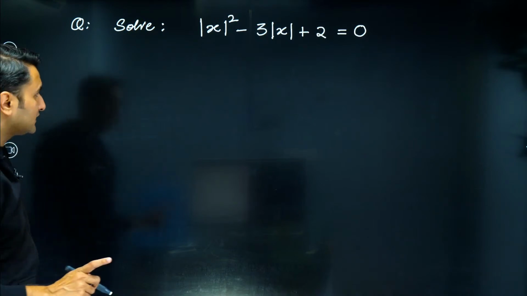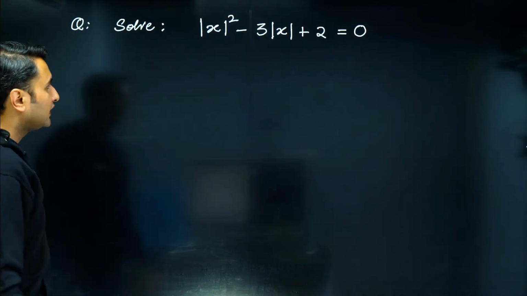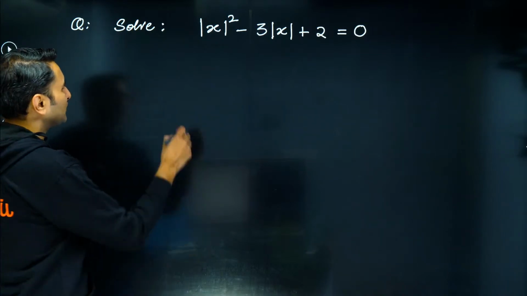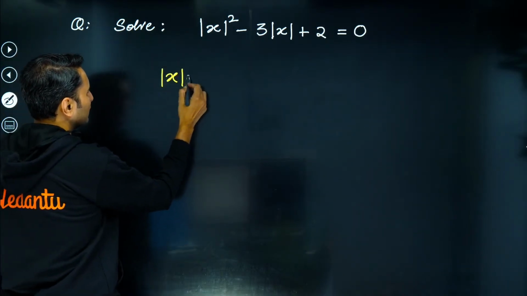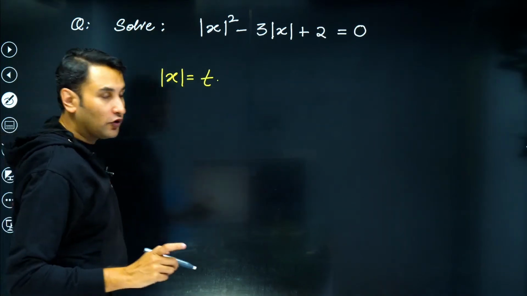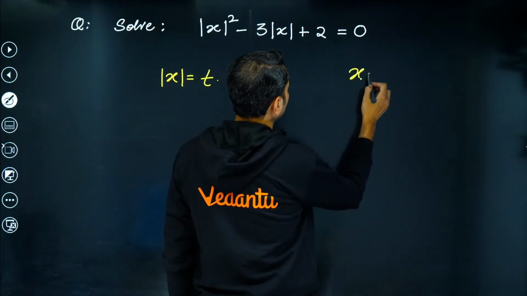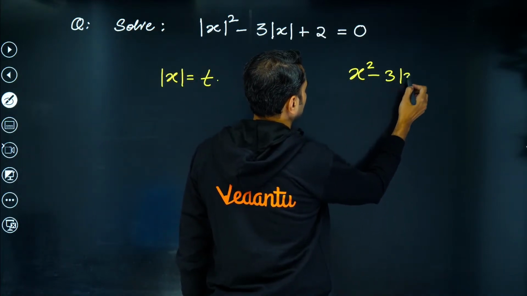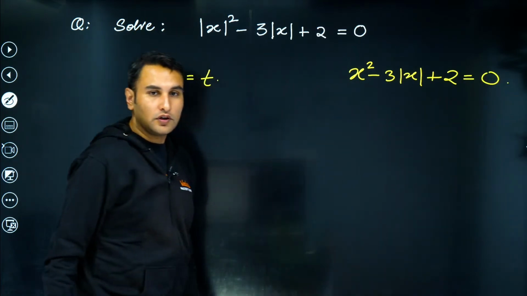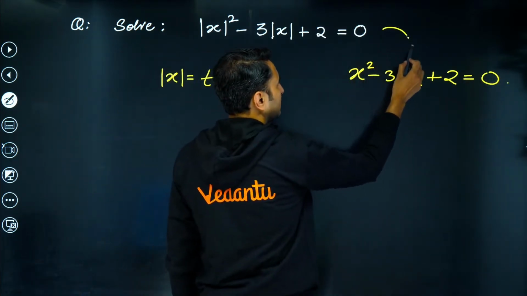One important concept before we start this problem: put mod x is equal to t. Put mod x is equal to t, right? But what if the problem was like this? Bachcho, actually both these problems are the same.